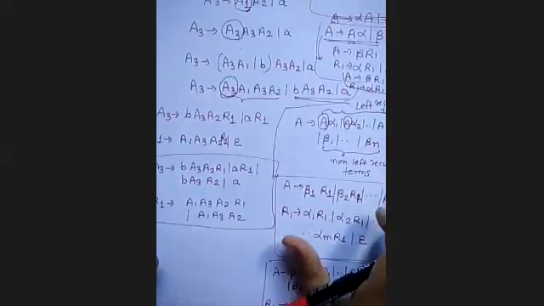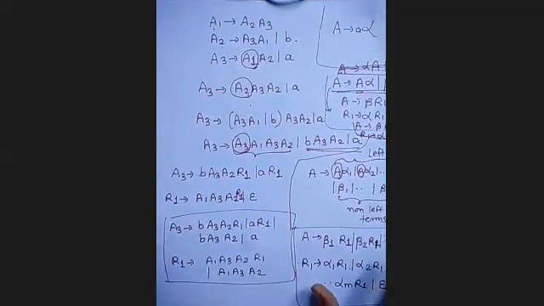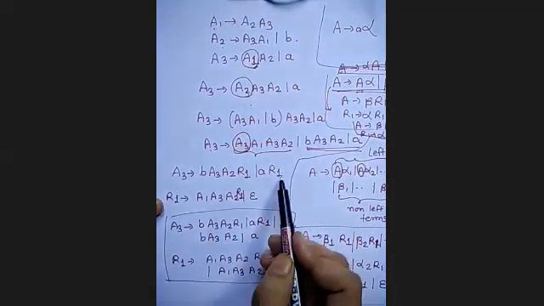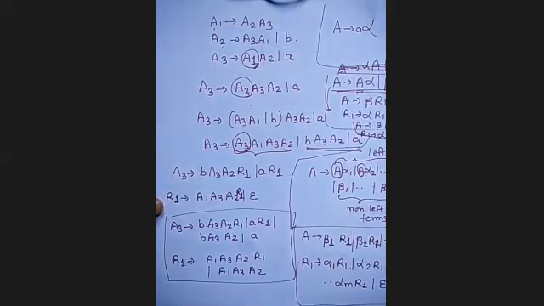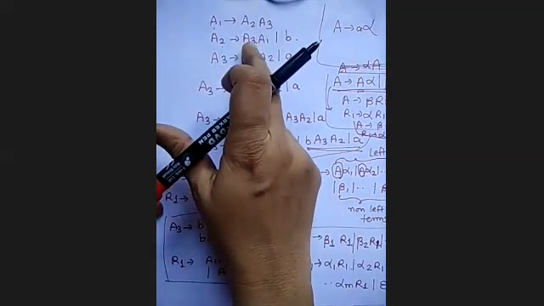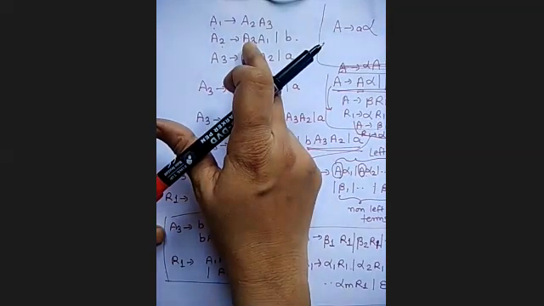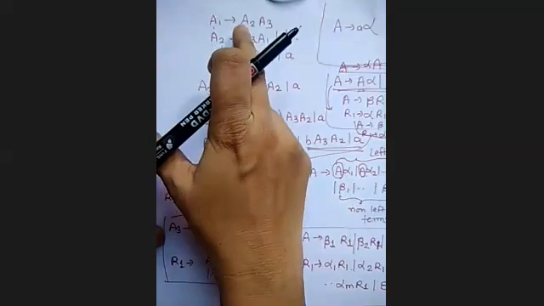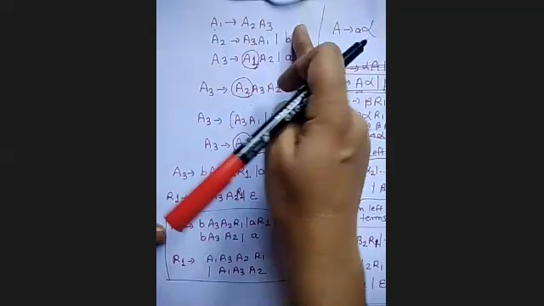So A3 we converted. Once we converted A3, can we substitute the productions of A3 in the A2 so that A2 will also become in that format? Once A2 becomes in the GNF, we can substitute A2 here in the A1 so that A1 is also in that format.